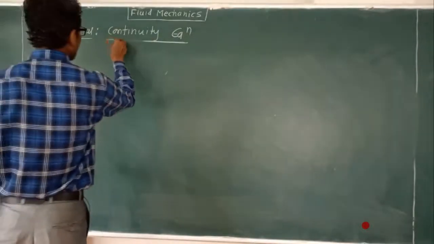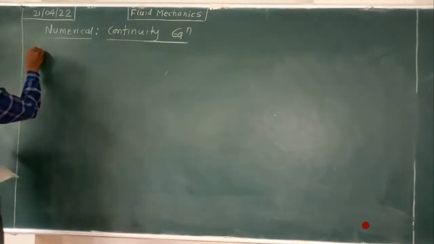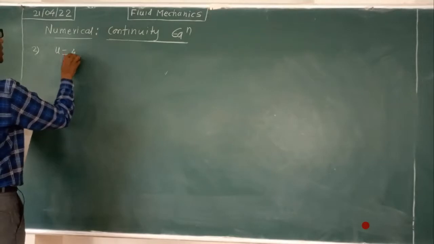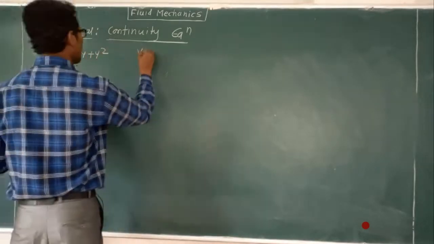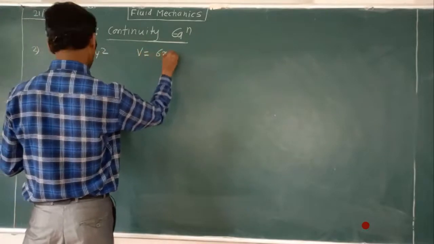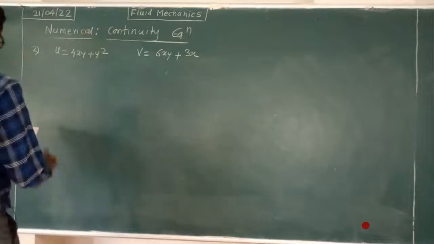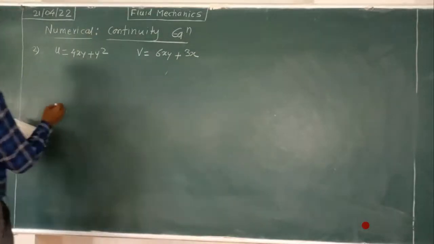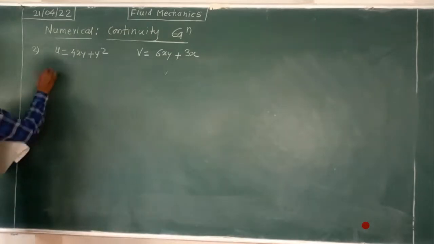So second numerical, where the case is given: component u is equal to 4xy plus y². Component v is 6xy plus 3x, and in this case it is said that this continuity equation is for steady and incompressible fluid flow.